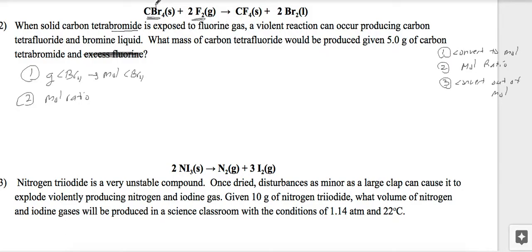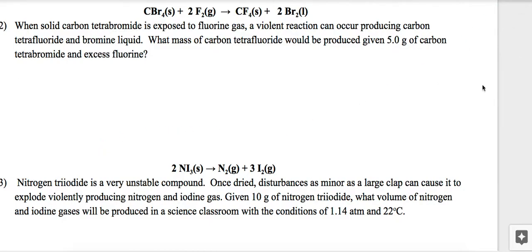So we're going from here to there. And then we have step 3, where we can then take the moles of that carbon tetrafluoride and convert it into mass using the periodic table. So those are our 3 steps there. All right.